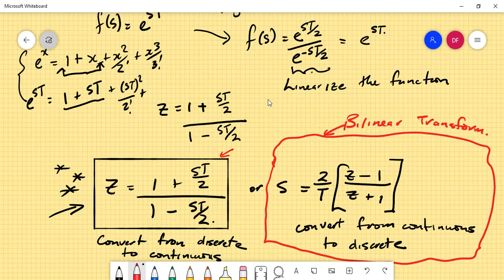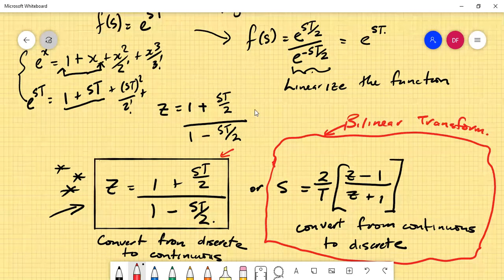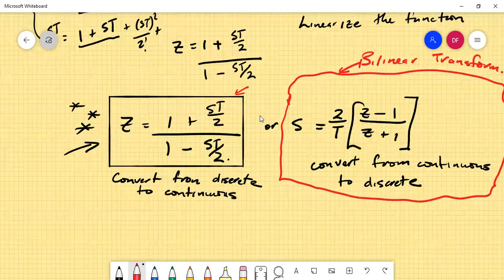I think we can fix up the 1 plus st over 2, 1 minus st over 2 a little bit better. So let me do that now. It's not in a form that you see in the textbook, so I will write it down anyway.